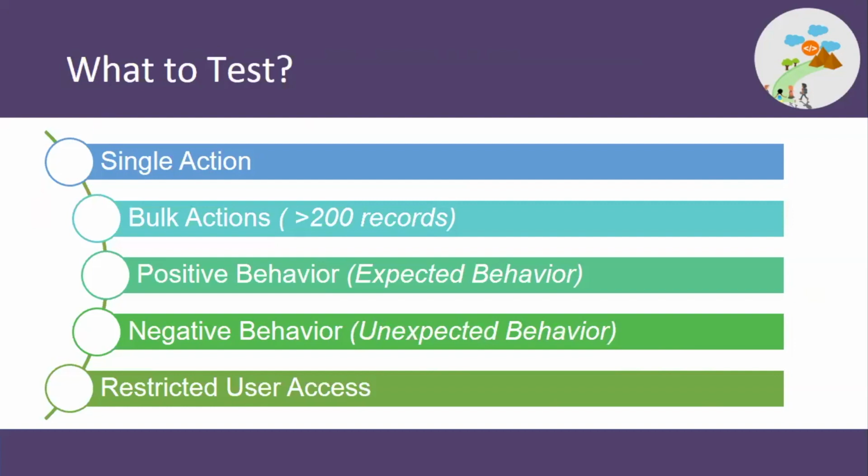So first and foremost, bulk actions. We talked about that. So what are bulk actions, or what is bulk testing? When you have more than 200 records for an object, and you're testing with more than 200 records at a time as an input, then that is bulk testing.